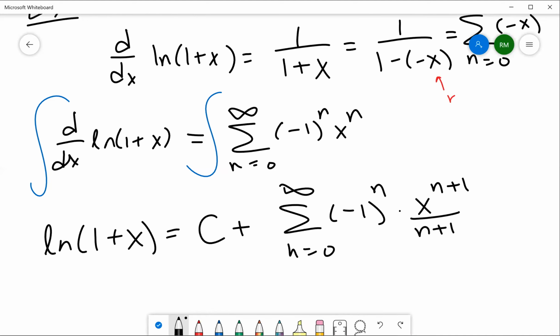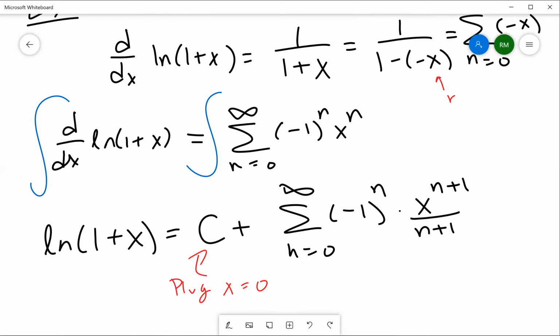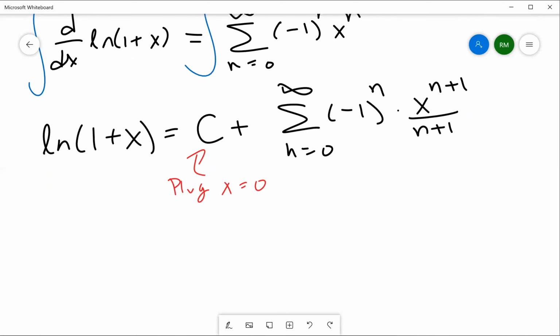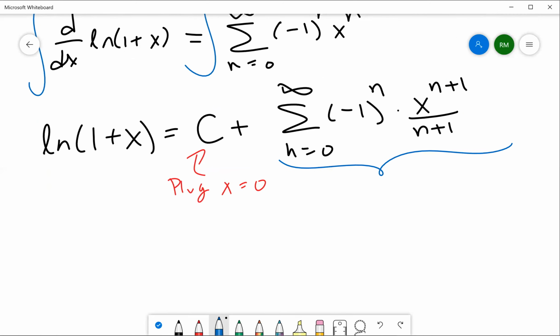All right, so how do we find what c is? To find what c is equal to, you plug x equals 0 into this entire expression. So this piece right here is equal to x minus x squared over 2 plus x cubed over 3 minus x to the 4th over 4, and it keeps going.